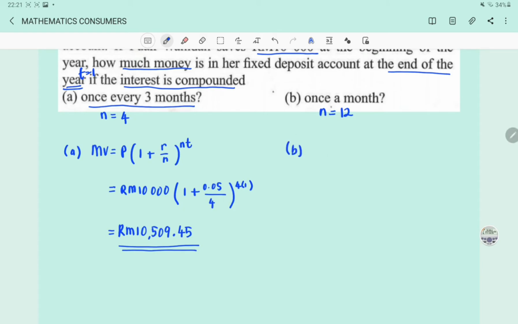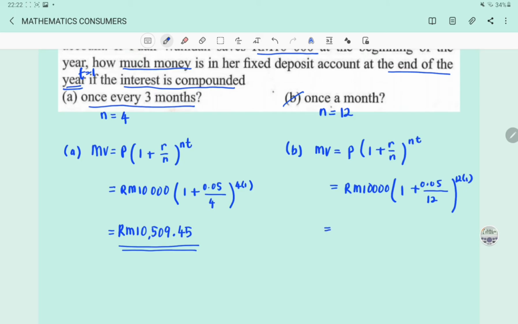For question B, MV equals P in bracket 1 plus R over N, close the bracket, to the power of NT. So the value here is 10,000 times 1 plus the rate, same 0.05, but here over N is over 12, because this question B is compounded once a month, to the power of NT, 12 times 1.